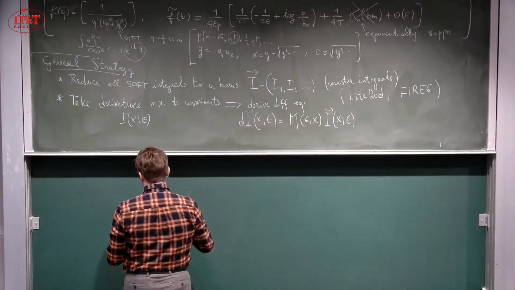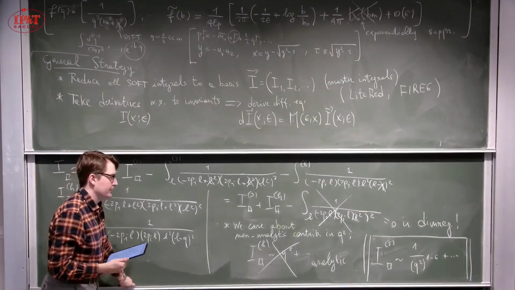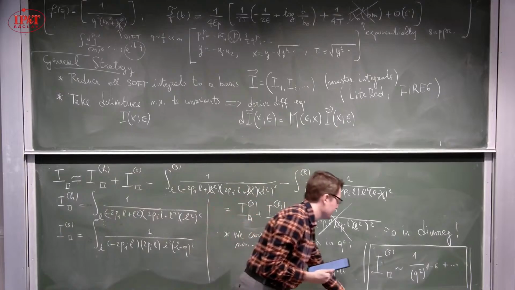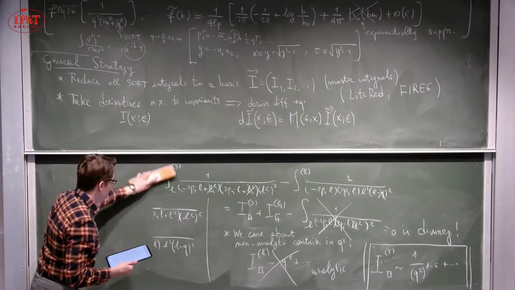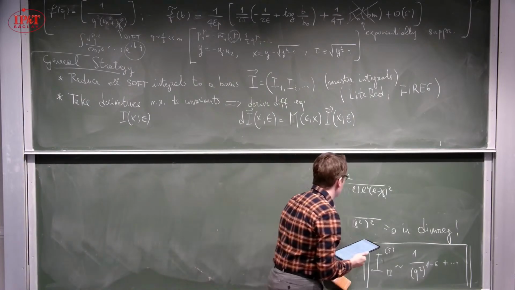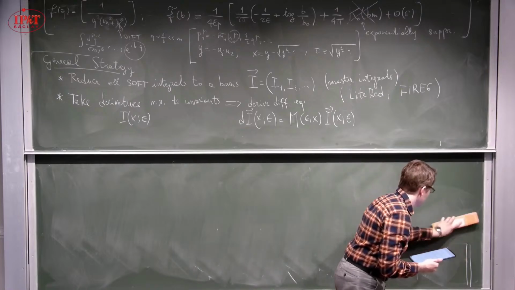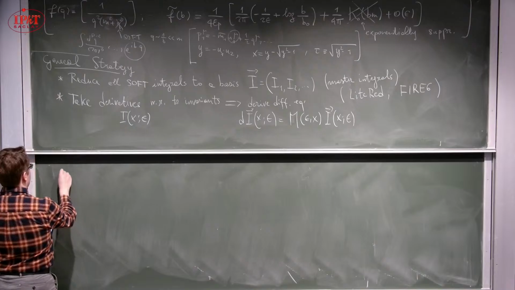Then when expanding around epsilon equal to 0, with d equal to 4, it's convenient to look for a particularly smart choice of these master integrals, of this vector, that puts this system in a nice form, a form in which the dimensional regulator only appears in a certain way.